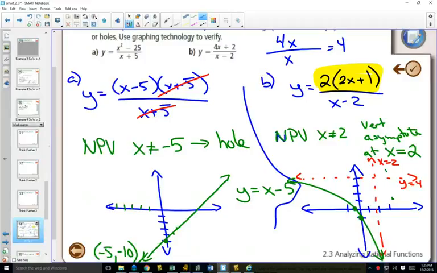We'll look at what happens when x is 3. If I plug in 3 into my original equation, can you see that I'll get 1 on the bottom, 14 on the top? So I'm going to have the point 3 comma 14, way up there.